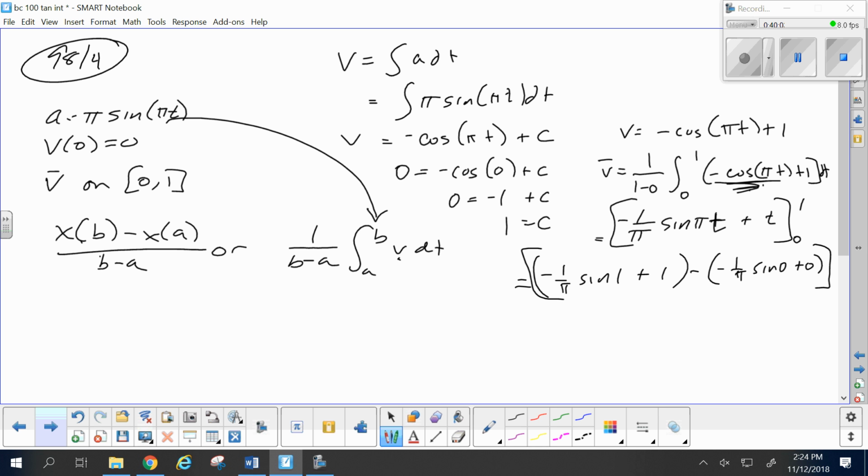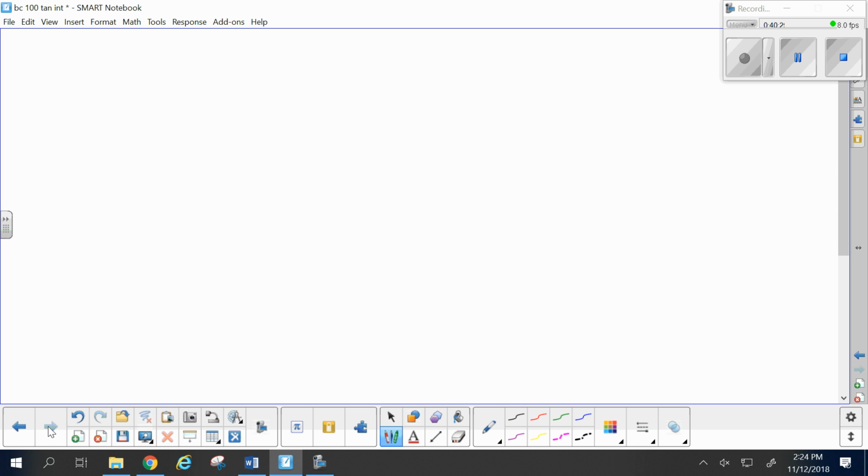That's sine of 1 pi, thank you. So that zeroes out. That zeroes out. That zeroes out. So all that's left is 1. A lot of technique to that problem. Okay? Good problem. All right.